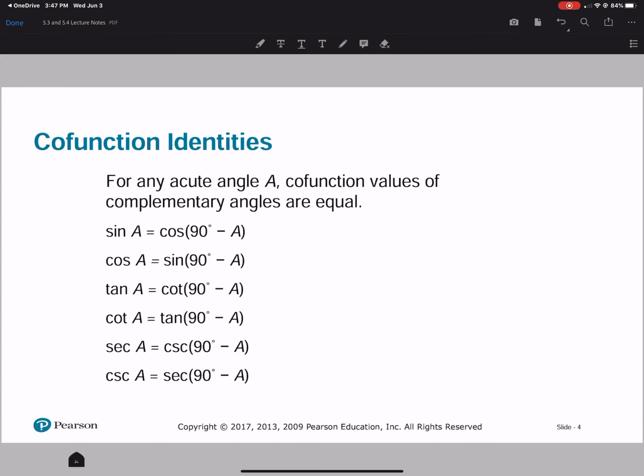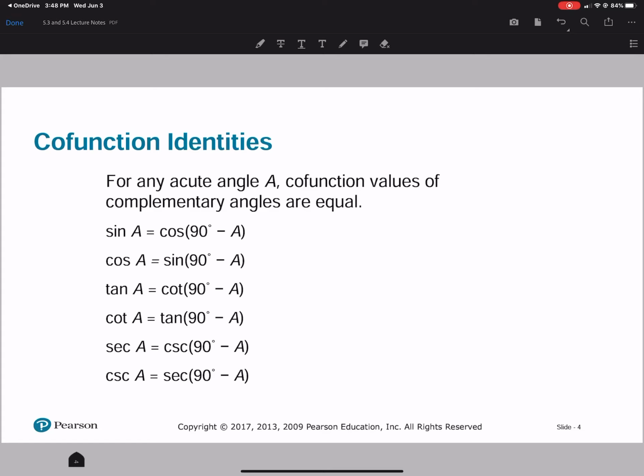So with these cofunctions, we have to look at what we got. It says for any acute angle A, cofunction values of complementary angles are equal. So the sine of A is equal to what? The cosine of 90 minus A. The cosine of A is equal to sine of 90 minus A. Then the tangent of A is equal to the cotangent of 90 minus A. Then the cotangent of A is equal to tangent of 90 minus A. Secant of A is equal to what?